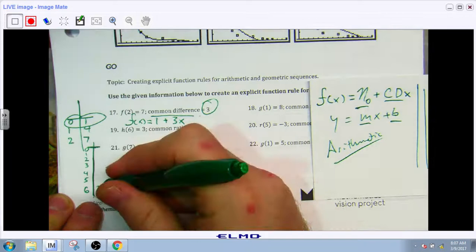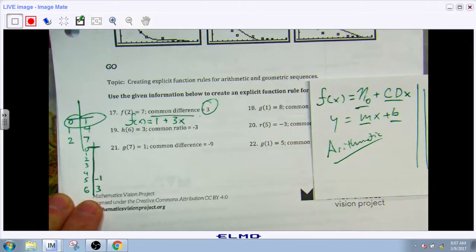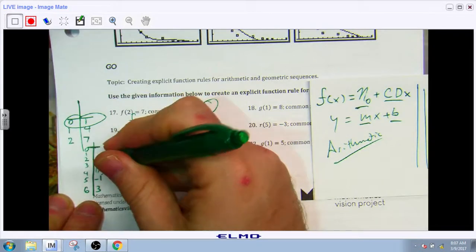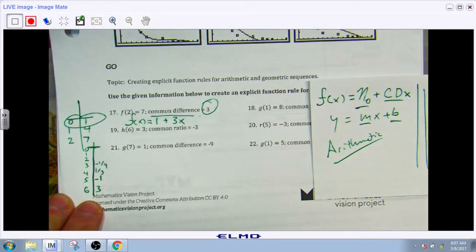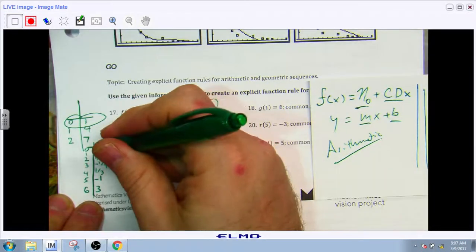So 3 divided by -3 would be -1. Divided by -3 would be a positive 1/3. Divided by -3 would be -1/9. Divided by -3 would be a positive 1/27. And then divided by -3 would be -1/81.